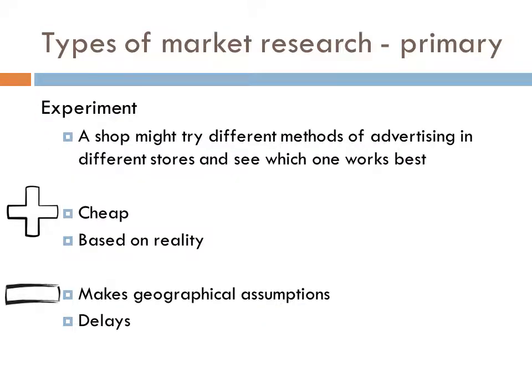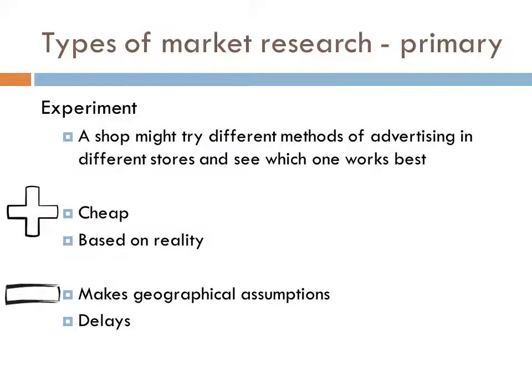The first method that we look at is experiment. An organisation experiments with a particular approach in certain areas or for a certain time. If successful, then it uses this approach nationally on a more long-term basis. For example, Mothercare experimented with different promotional offers in different stores. The offers that appeared to be most successful in these experiments were the ones that were adopted for use throughout the country.